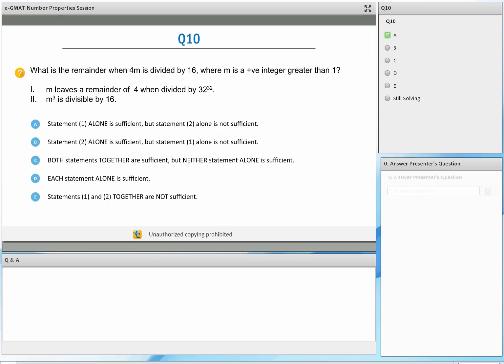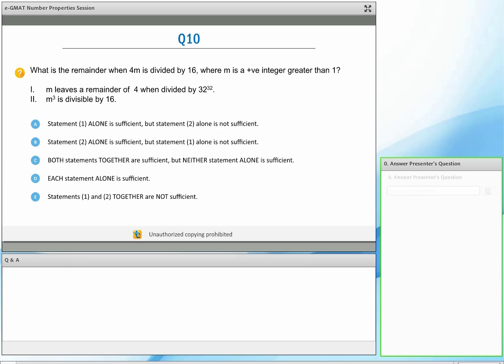All right, last few seconds. All right, I'm going to end the poll now. So I'll share the results of the polls later on when we do come back to these questions again.